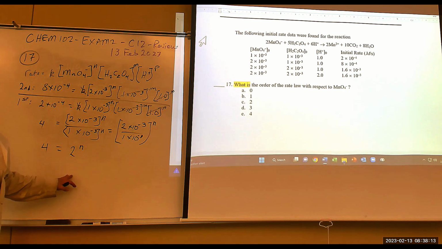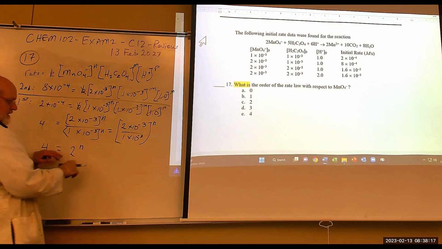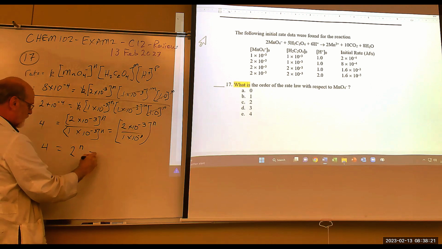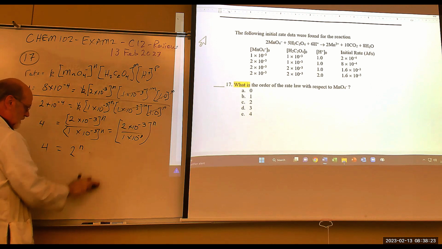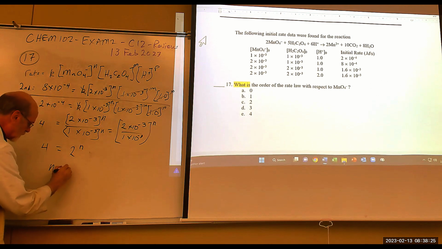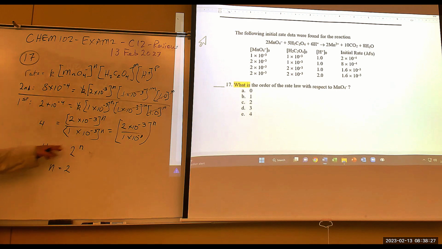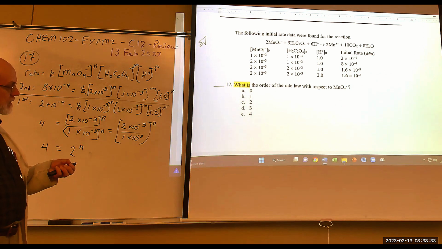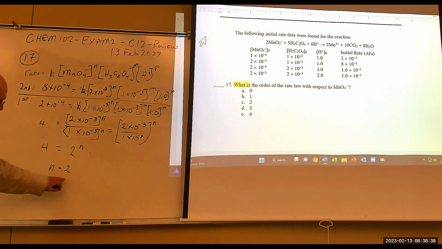Everybody follow me on that jump? That's 2 divided by 1 is 2 to that power n. So n has to be equal to 2. 2 squared is 4. And so the answer to this question is C. The order of the rate law with respect to MnO4 is 2.